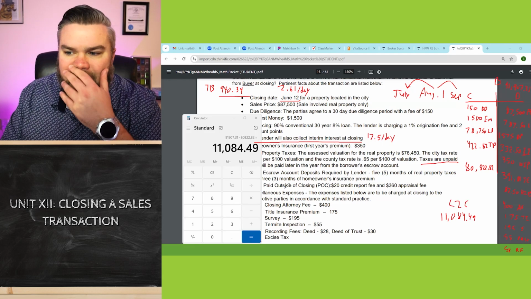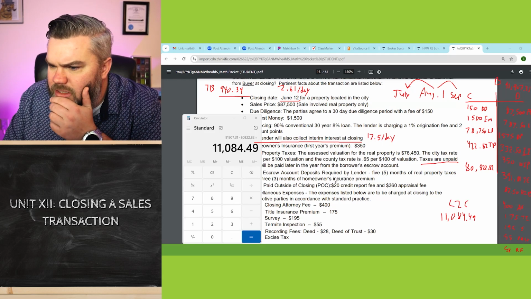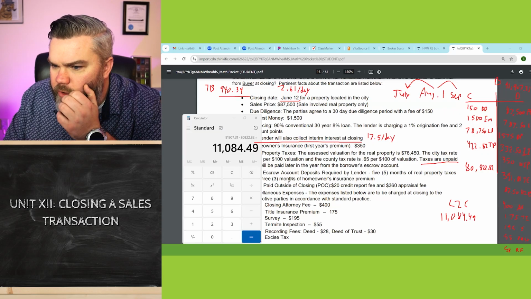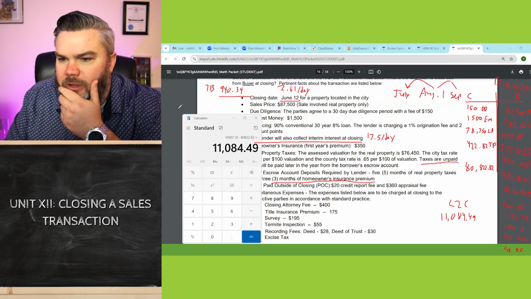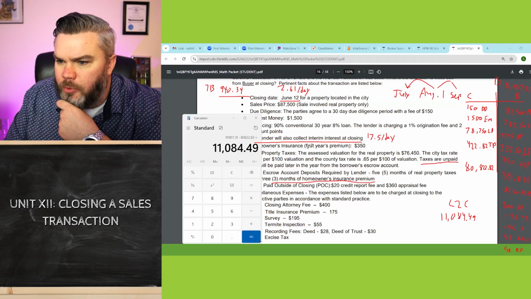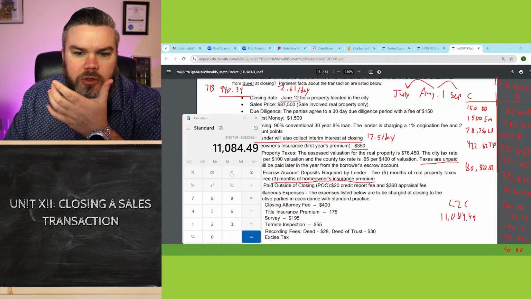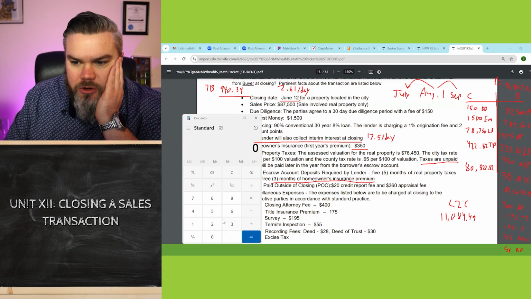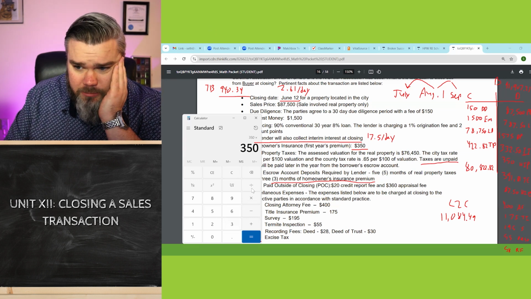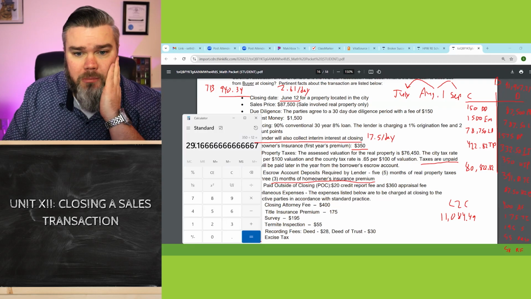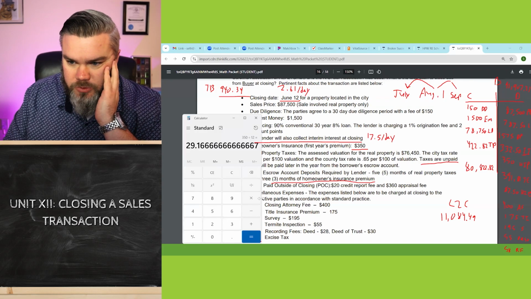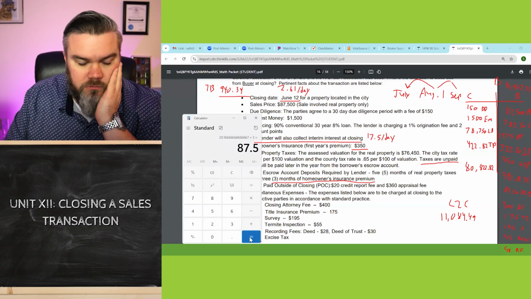That'd be your answer. What it states is they want 3 months of homeowner's insurance premium. Well, your annual homeowner's insurance is $350. And so they want you to put 3 months' worth in an escrow account. So you just take your $350, divide it by the number of months in the year, 12, to figure out how much it would be a month. And they want 3 months, so multiply that by 3.